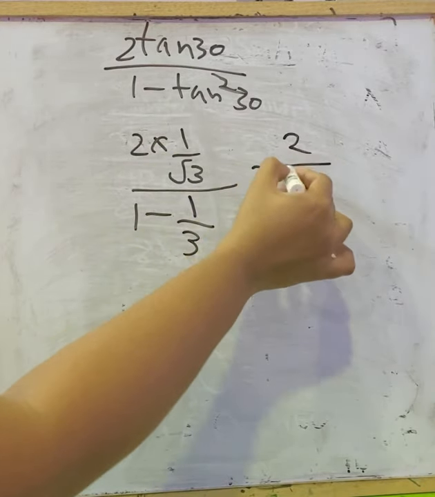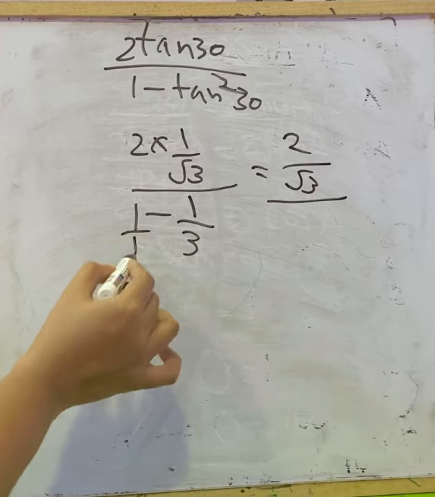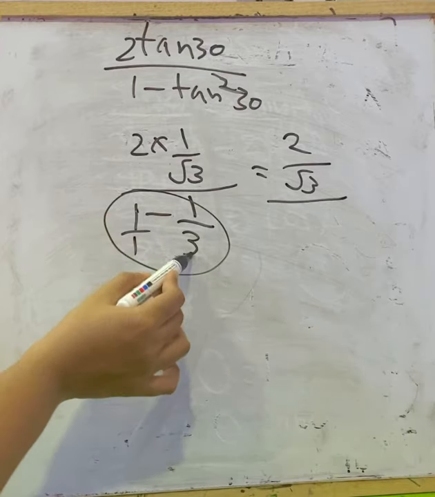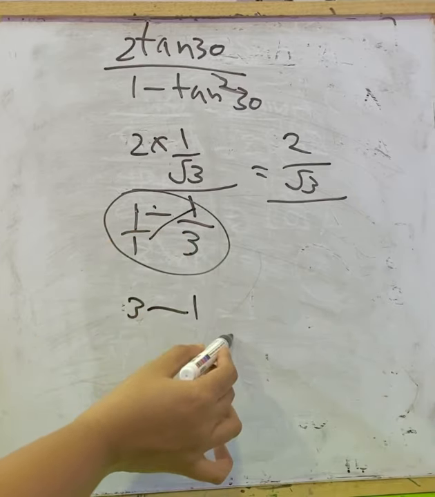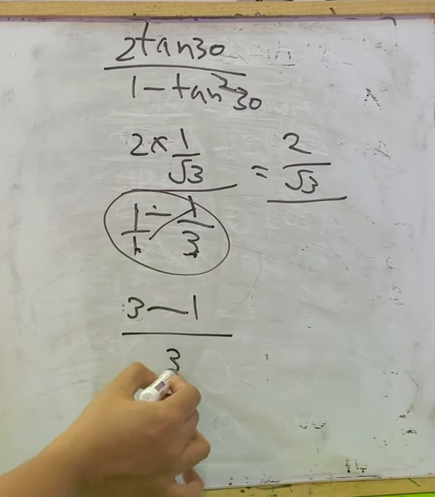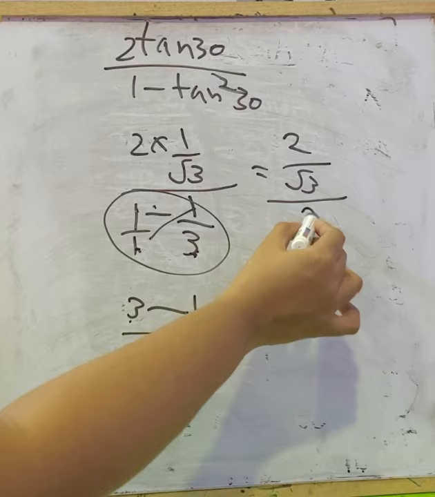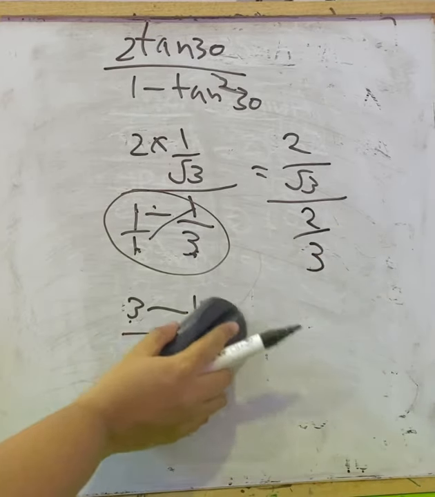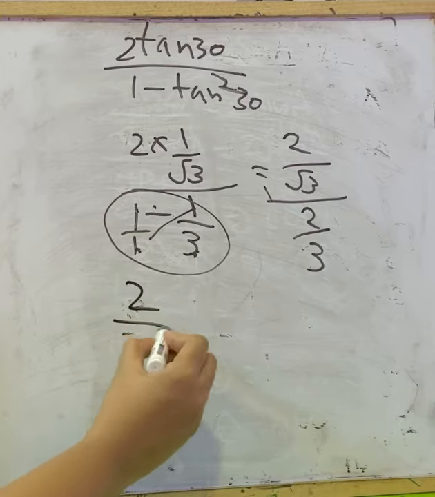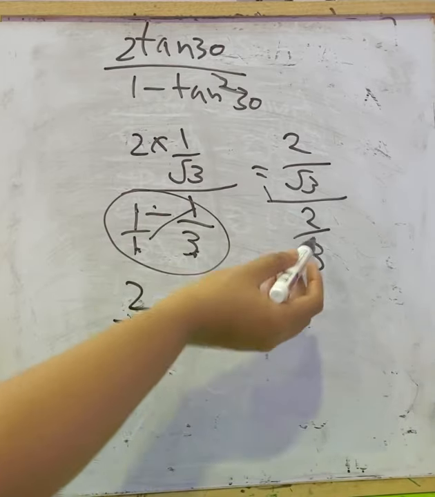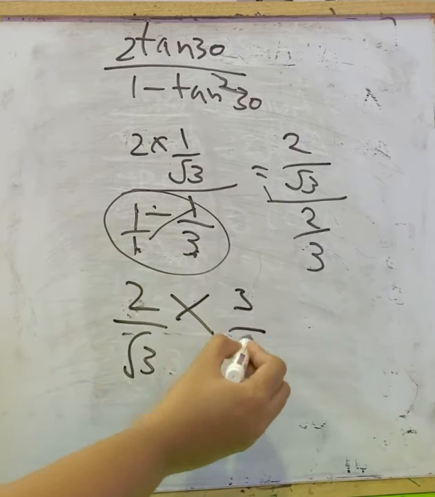Now this becomes 2 by root 3 by, here we will do cross multiplication. 1 threes are 3, minus 1 into 1 is 1, 1 by 1 into 3 is 3. 3 minus 1 by 3, that is 2 by 3. Again, this is A by B by C by D. We will write it as A by B into D by C.